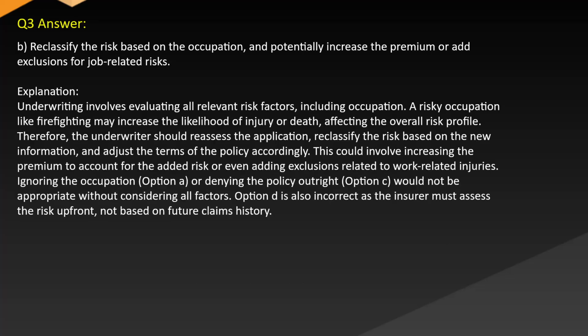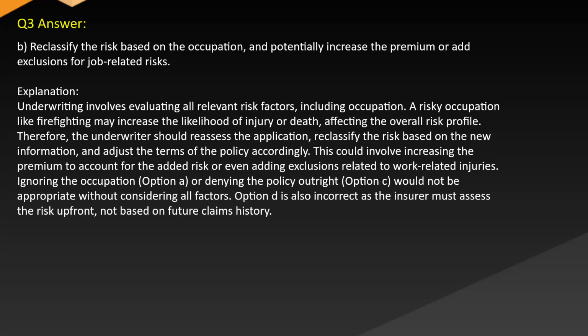Answer. B. Reclassify the risk based on the occupation and potentially increase the premium or add exclusions for job-related risks. Explanation. Underwriting involves evaluating all relevant risk factors, including occupation. A risky occupation like firefighting may increase the likelihood of injury or death, affecting the overall risk profile.